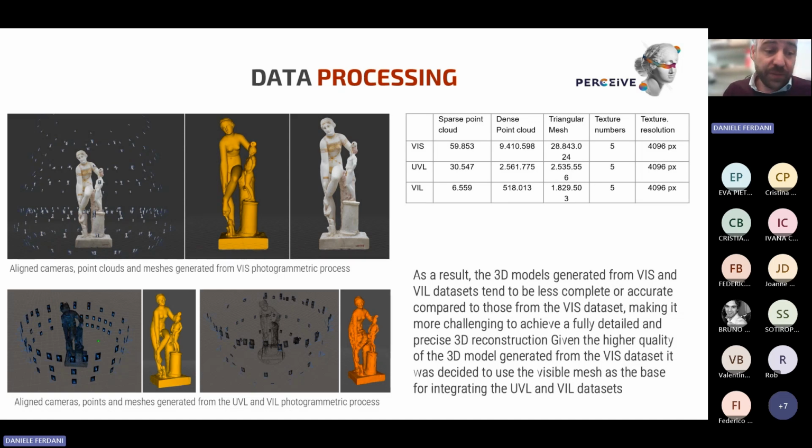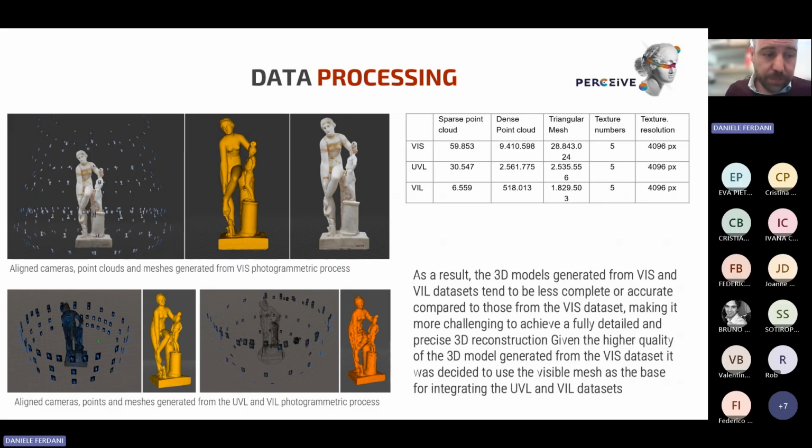For the visible dataset, ground control points were used in order to scale the model and to check the accuracy of the final model, and to get the root mean square error, which was very low, around 1 millimeter.